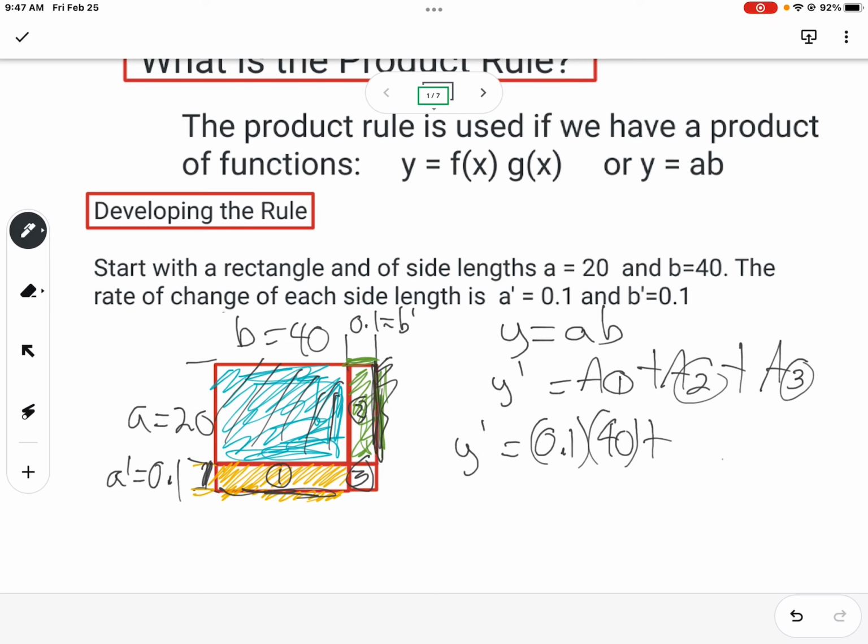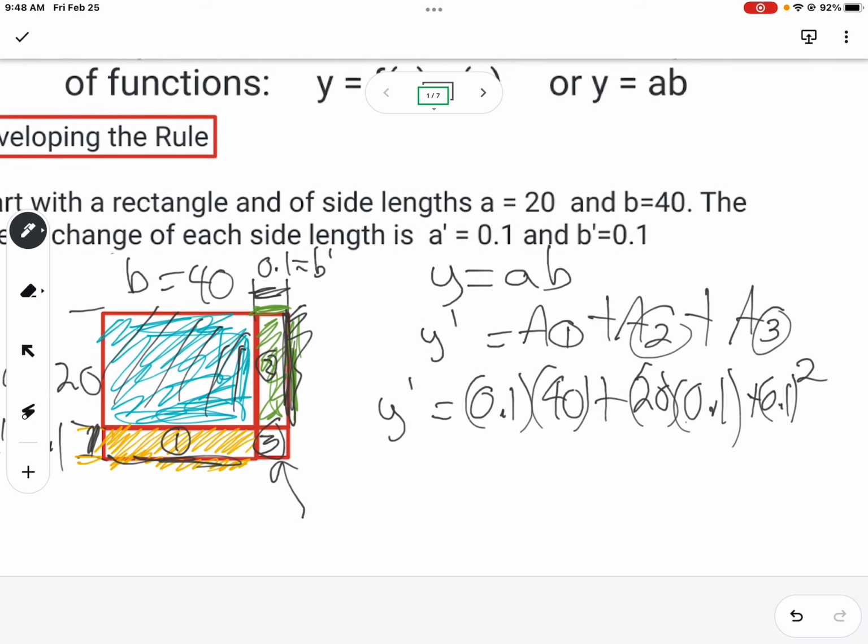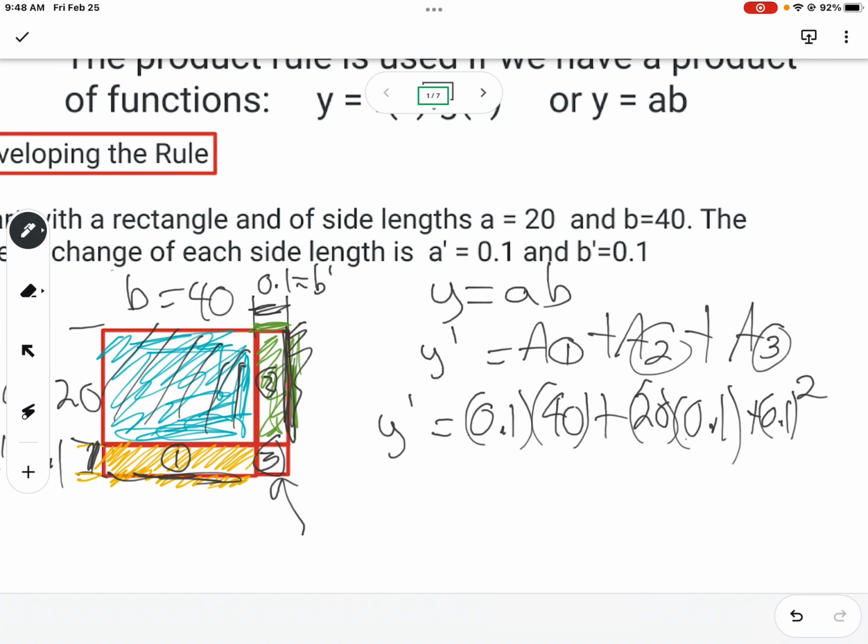It's 20 tall. And it has a width of, there to there, 0.1. Then the area of that little thing is 0.1 squared. Okay, 0.1 squared.